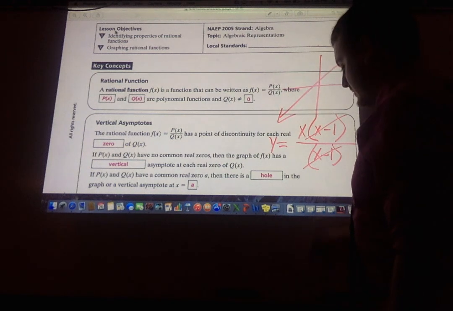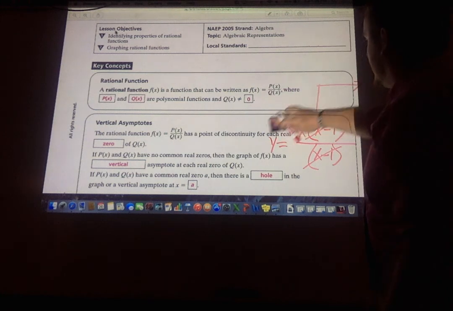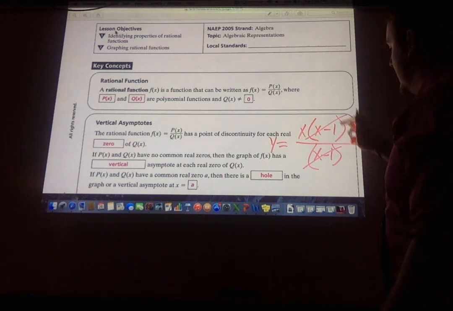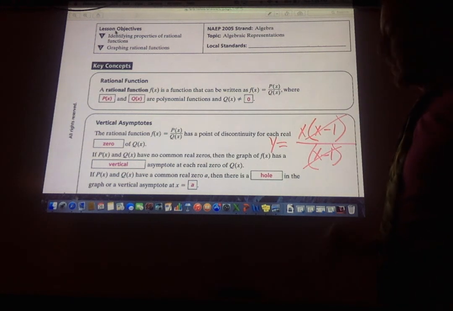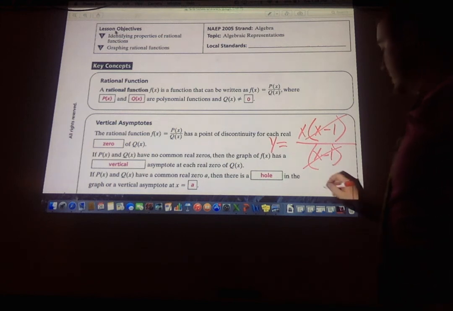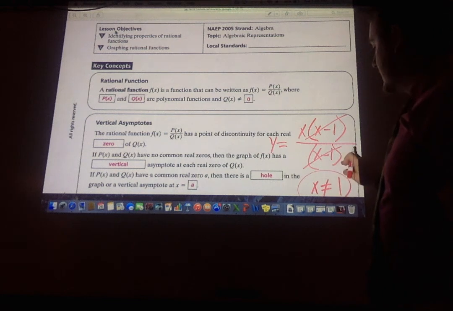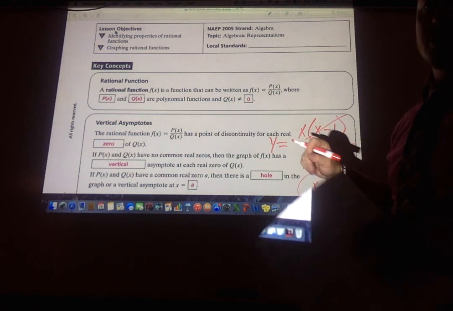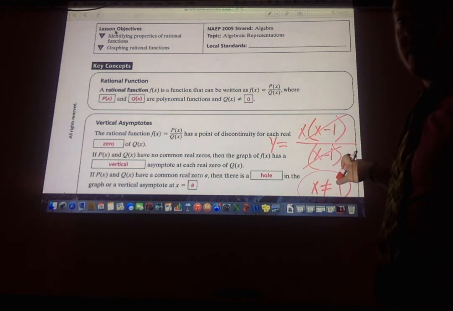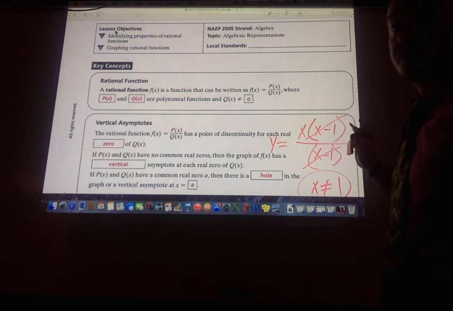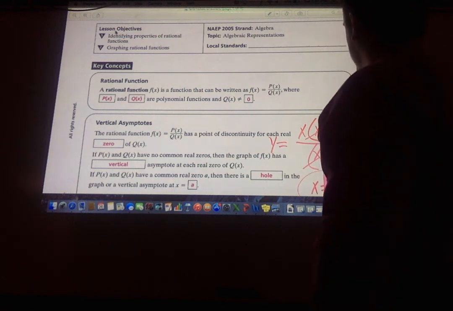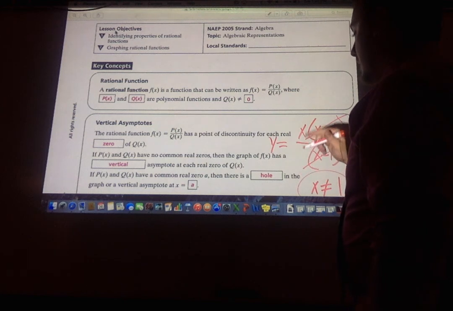So y equals x is easy. The problem is there's an x minus 1 here and an x minus 1 there. So we have to account for that because x cannot be equal to 1. At x equals 1, according to our original function, it should be discontinuous. There should be a hole there, all right? So this is going to be our hole.